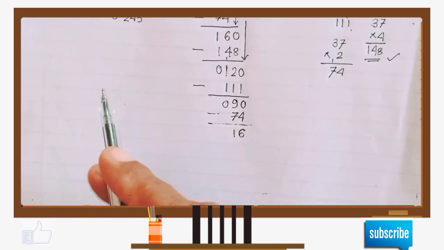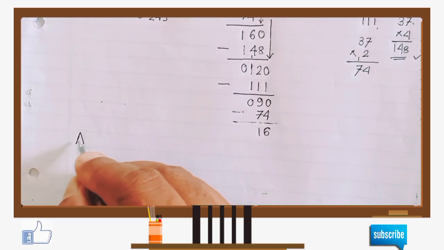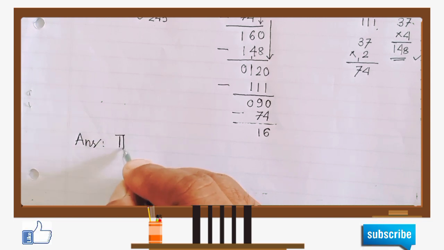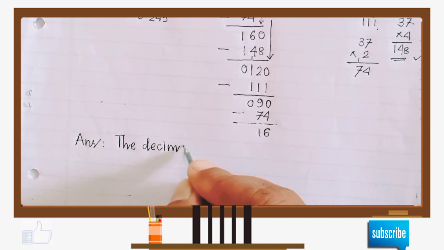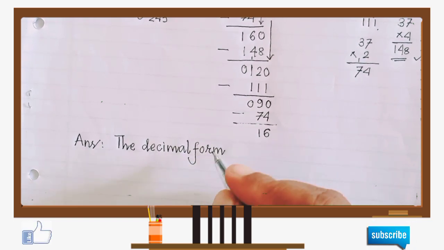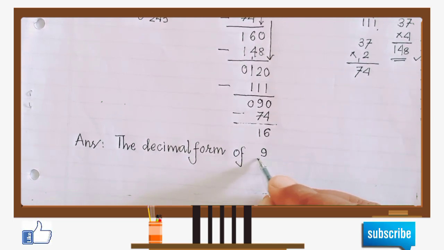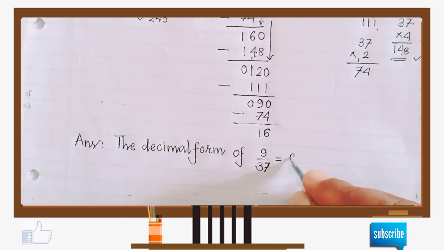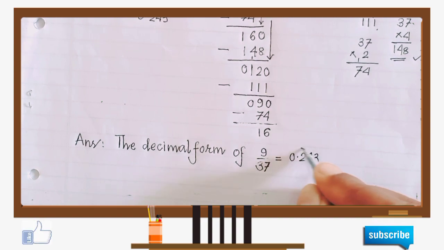Therefore the decimal form of 9/37 is 0.243 with a bar.